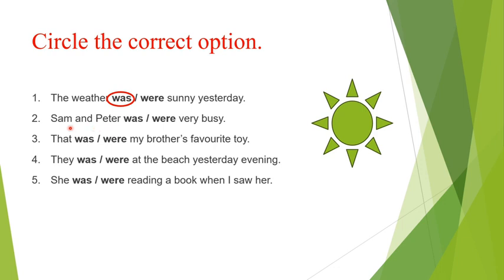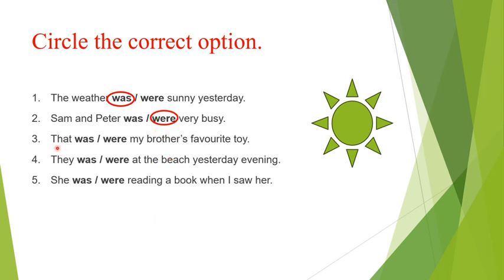Plural noun, because we are talking about two people. So with two persons, what will be used? Was or were? Were will be used. So we will write Sam and Peter were very busy.